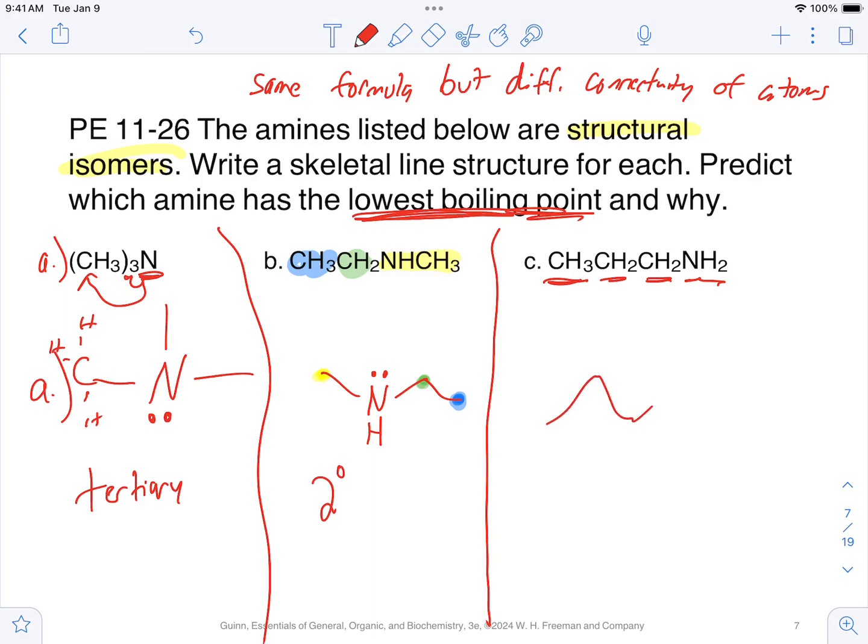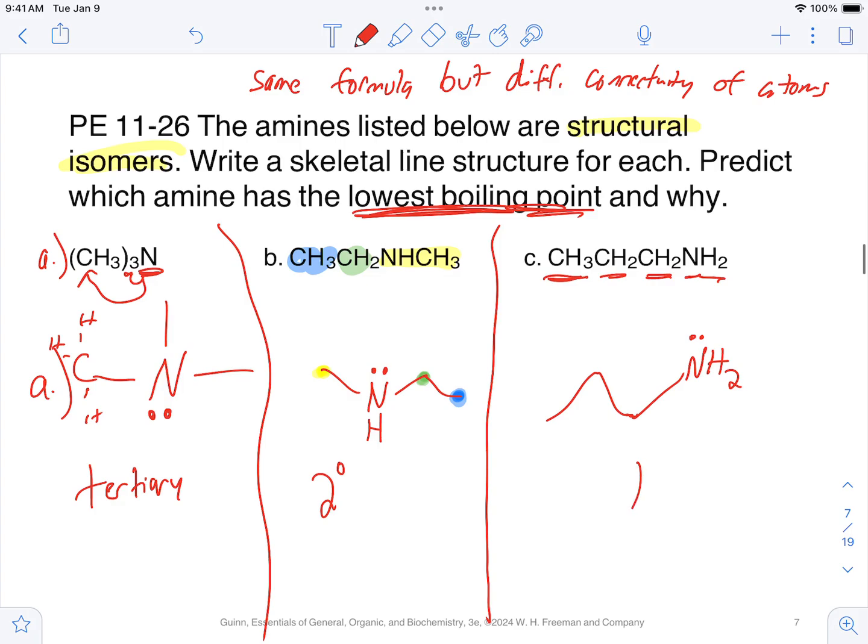So we can draw that. There's my CH3, CH2, CH2, and now this is my NH2 with my 2 dots. This would be a primary because it's only attached to 1 R group here. And that R group happens to be a propane.